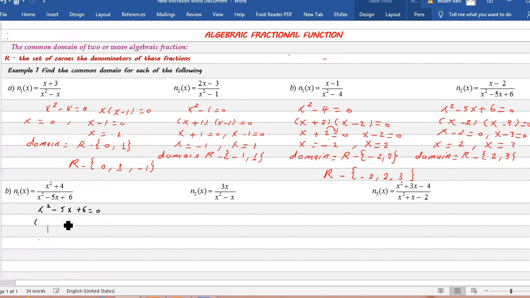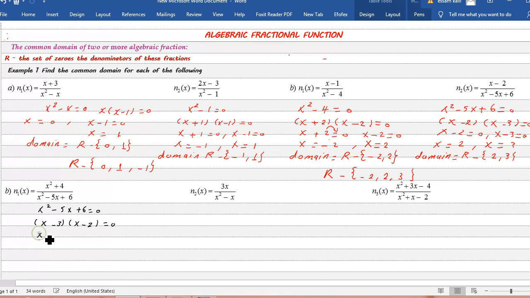Make factorization: x and x. Find two numbers whose product equals 6 and whose sum equals 5: 3 and 2. The sign of the third term is positive, so take the sign of the middle term, negative and negative.